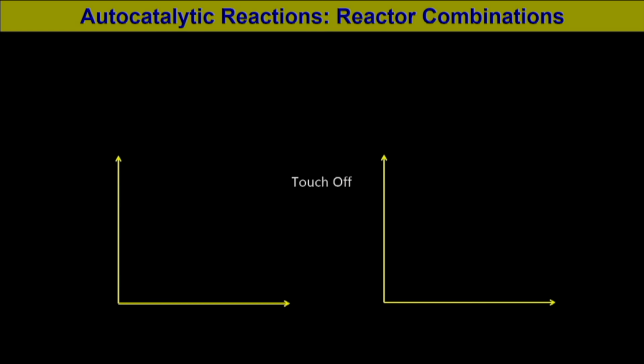Say we have a mixed flow reactor with CA naught, this is MFR, then the outlet from here goes to a PFR, and finally we get CAF.